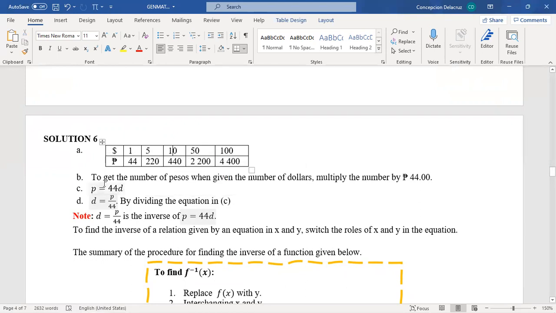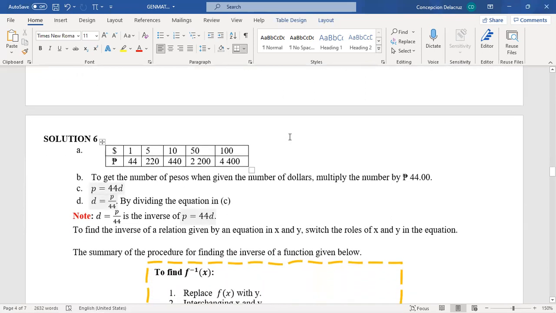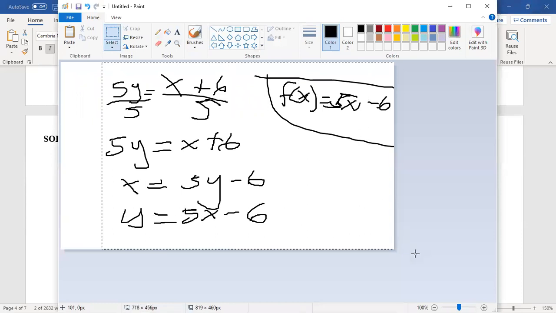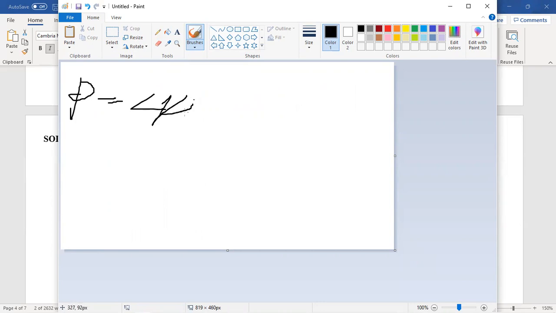And so on. Next, write an equation that converts pesos into dollars. So we have here dollars. How did we get this equation? Let's use the original equation, which is P is equal to 44D.